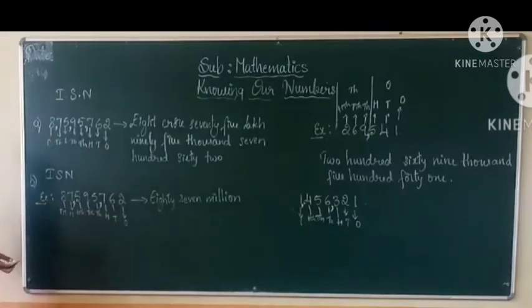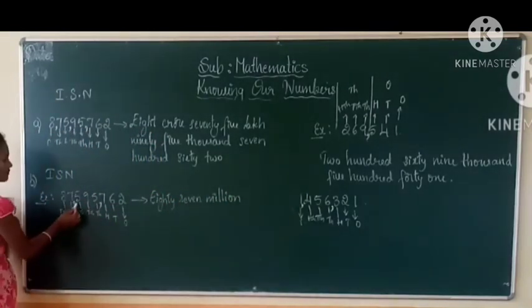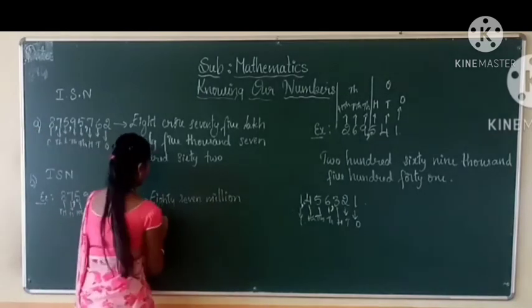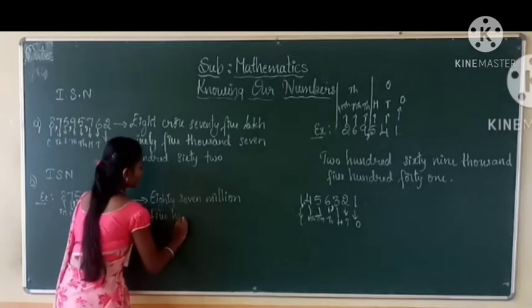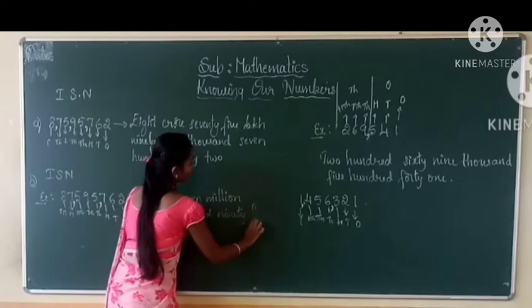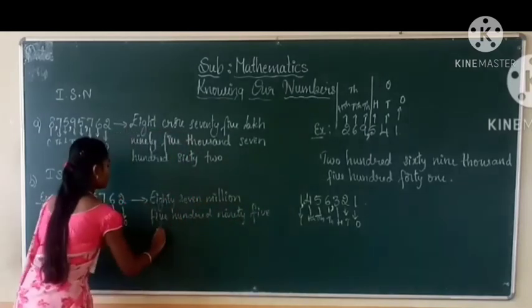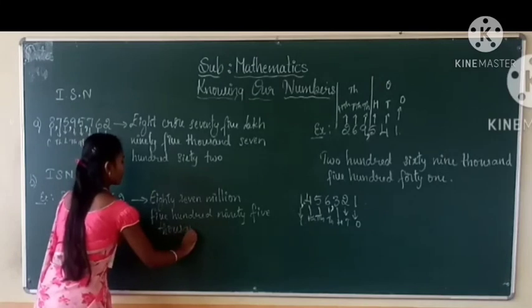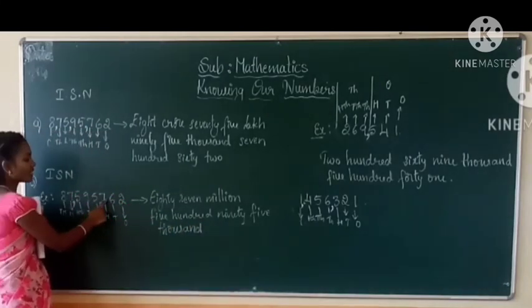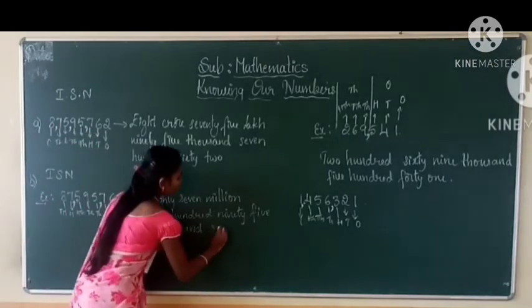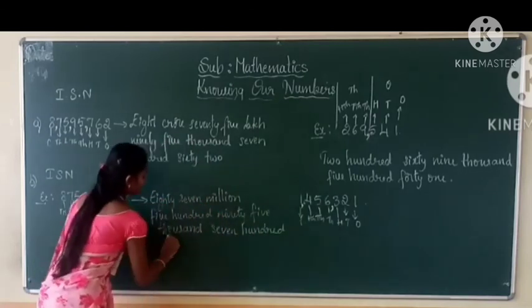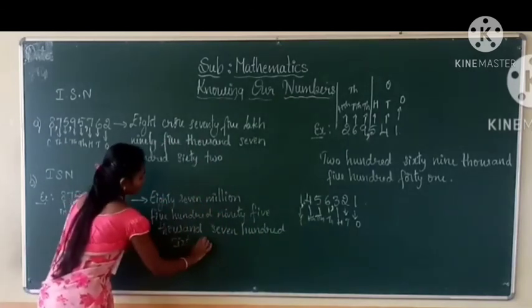Don't use commas while writing the number names. 87,595,762. 87 million 595 thousand 762.